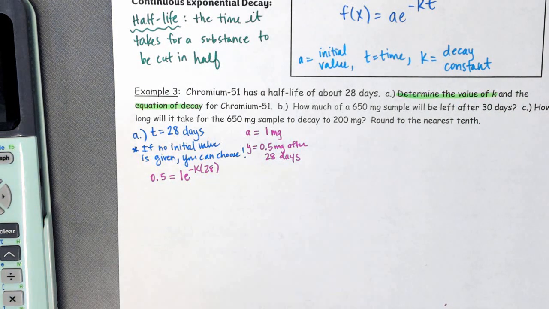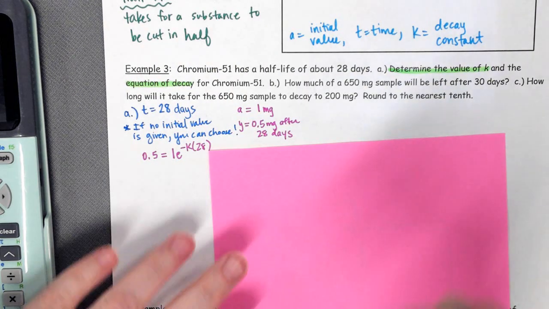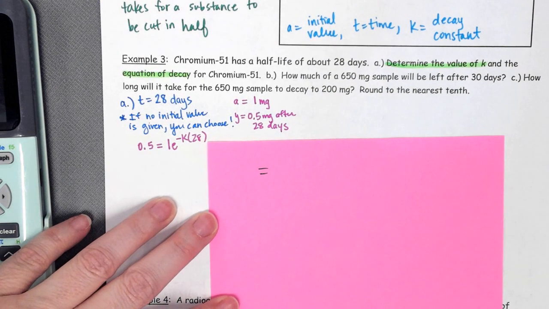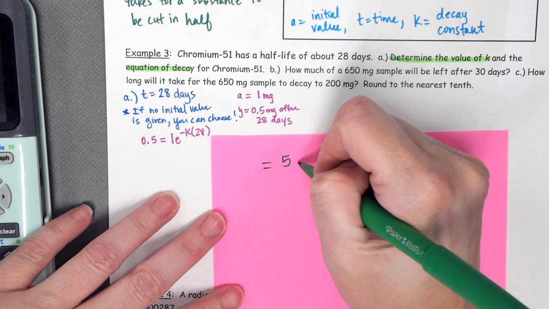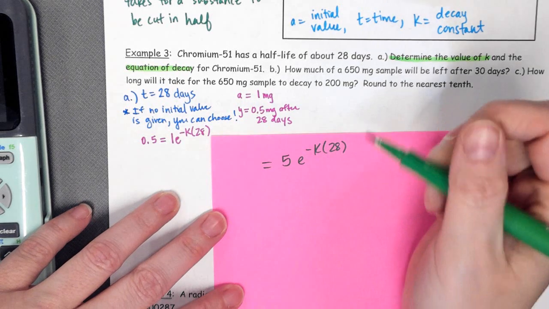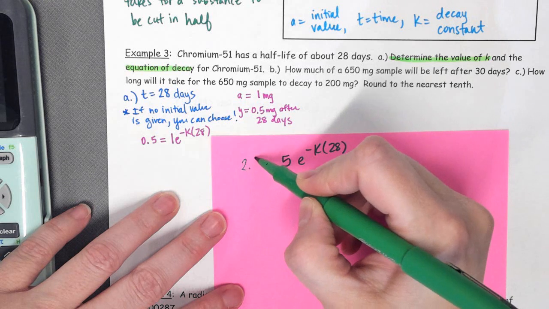Alright, let's say that you didn't choose 1. What's another value that you guys want to check out? You don't have to write this down, you just have to pay attention. 5? Okay. So let's say I start with 5 milligrams. Okay? If I start with 5 milligrams, then after 28 days, how much would I have left? 2.5.